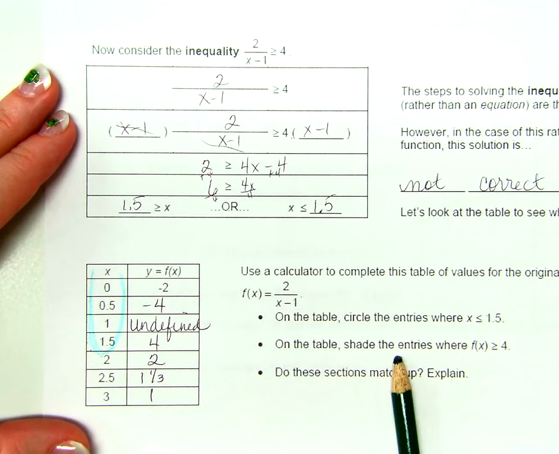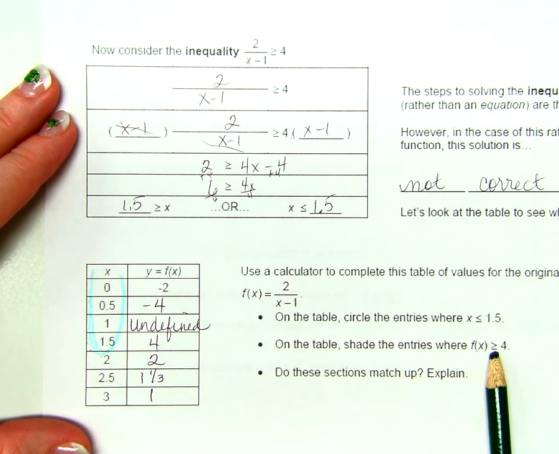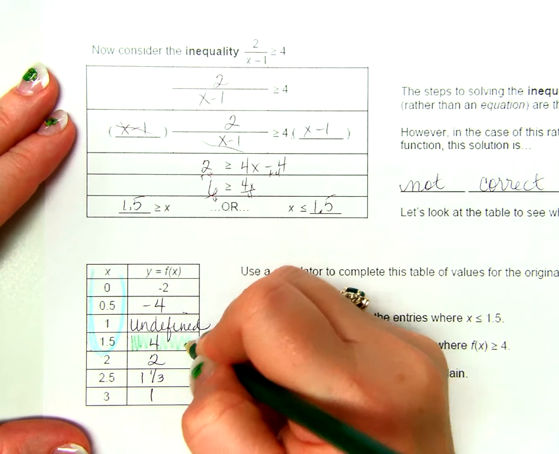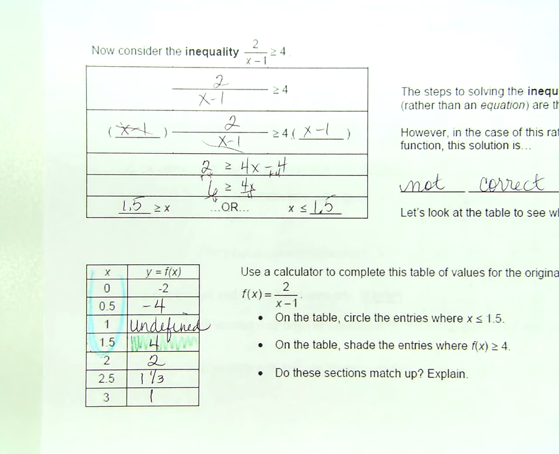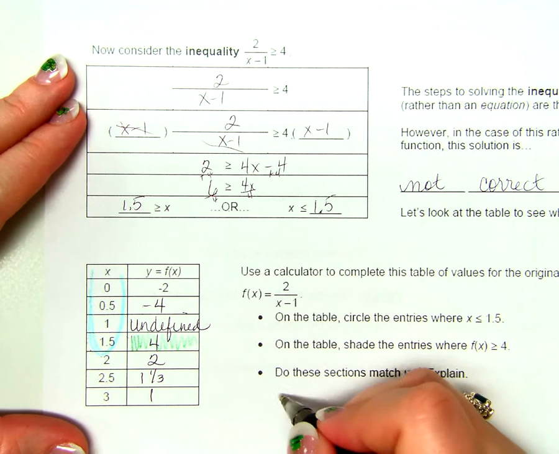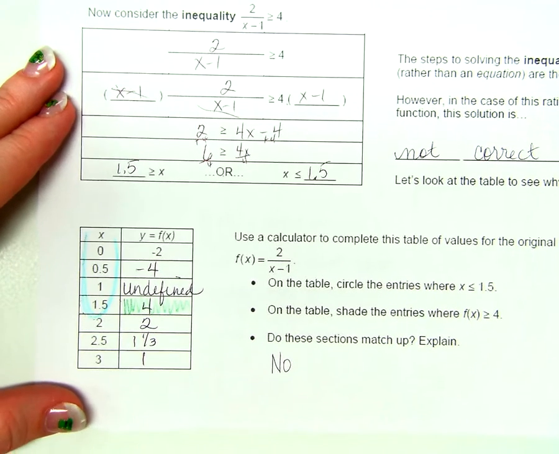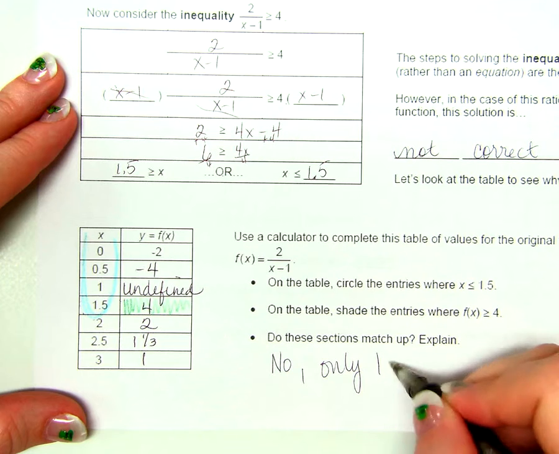On this table, shade the entries where the value of the function, where f is greater than or equal to 4. Only right there, right? Do those sections match up? They're not the same, are they? Only one value is the same.